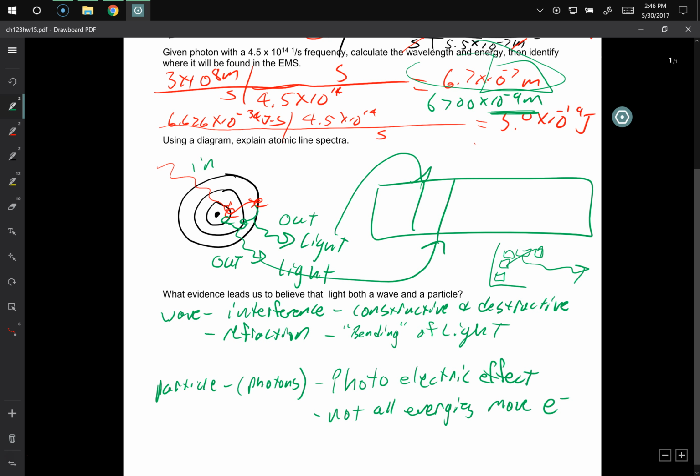What's the easiest way to describe refraction to just a regular old person who's not studying chemistry? Okay, anything easier? No, that's constructive and destructive interference. You just say rainbow, right?